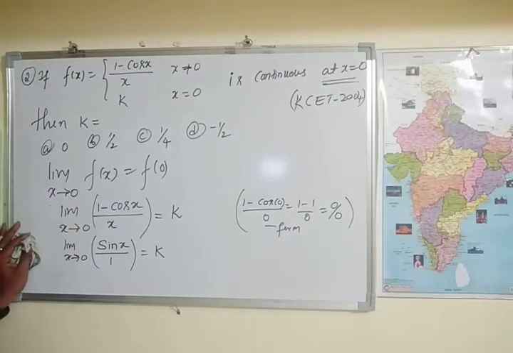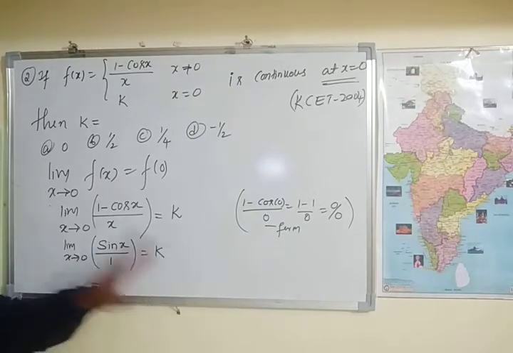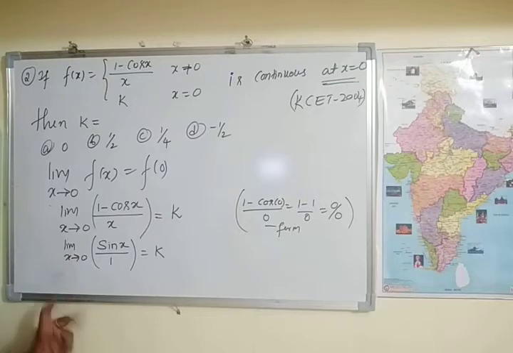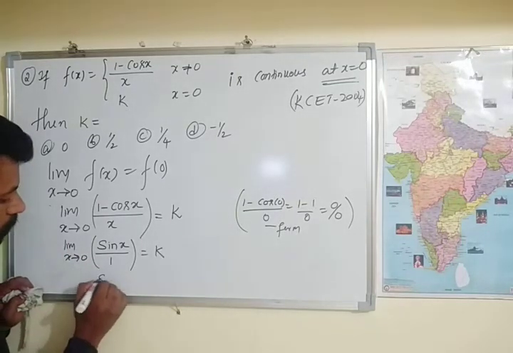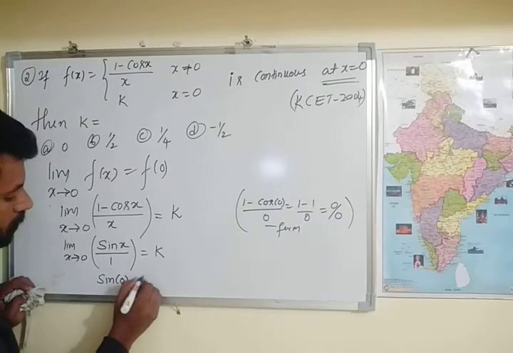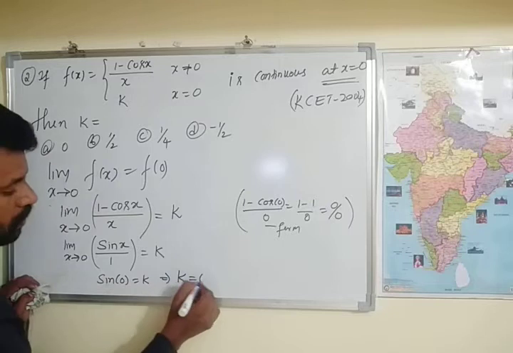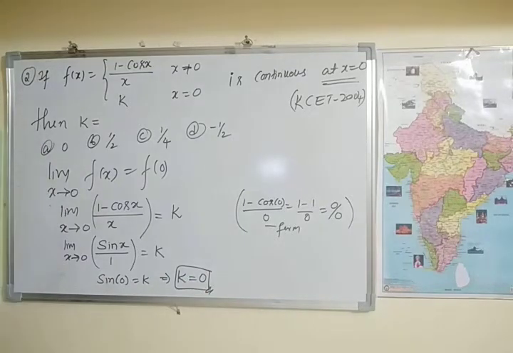Next step, x approaches to 0, sin x is equals to k. Now substitute 0 in the place of x. We get sine of 0 is equals to k. This implies k is equals to sine of 0, which is 0. K value is 0. Here we have option A is correct.